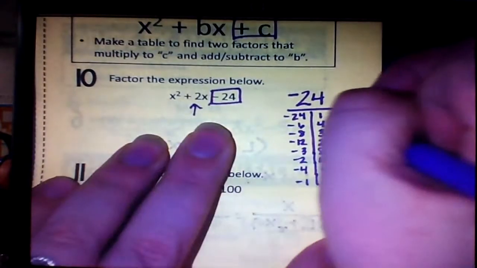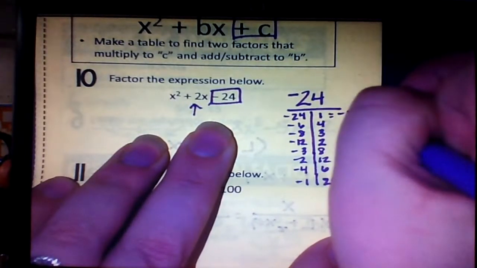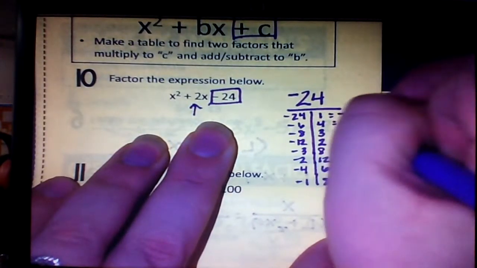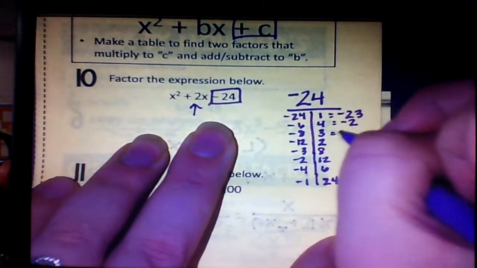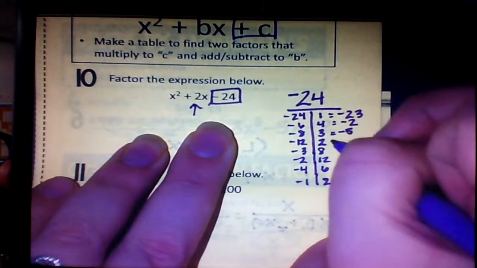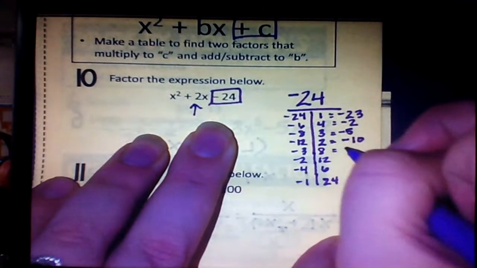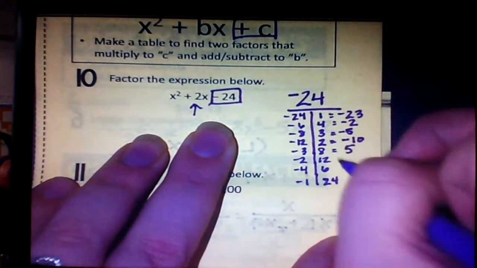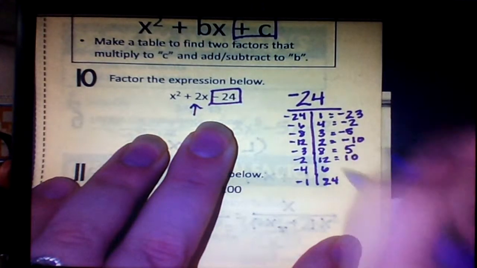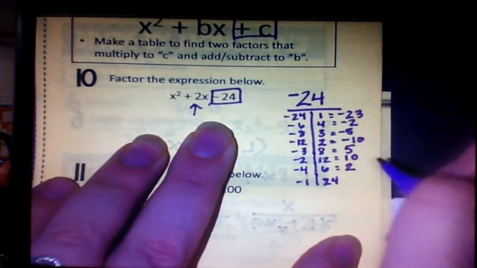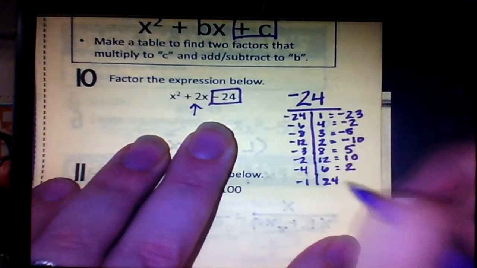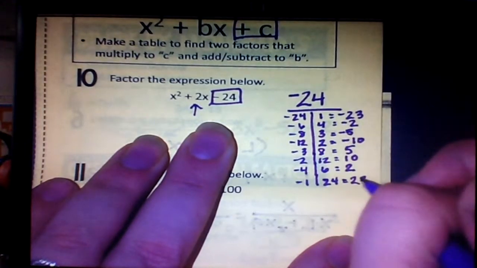So if I go through, this is negative 23. This is negative 2. This is negative 5. This is negative 10. This is positive 5. This is positive 10. This is positive 2. This is positive 23.